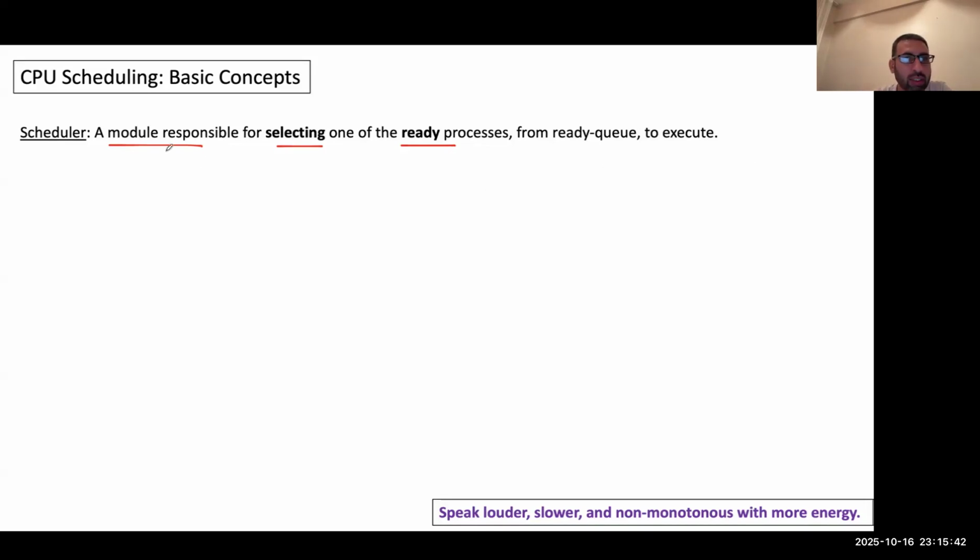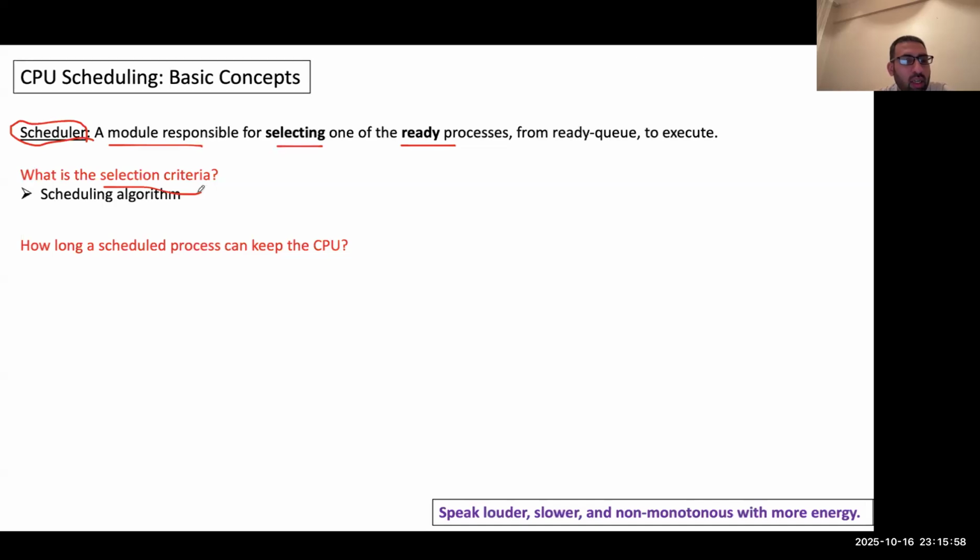That is the job of the scheduler. It is the job of the scheduler to decide which one of them will be picked. But on what criteria? What will be the selection criteria for the scheduler to pick one of those ready threads? It depends upon the selection algorithm, which means the selection criteria can change from one scheduling algorithm to another. We will have a look at a couple of them, right?